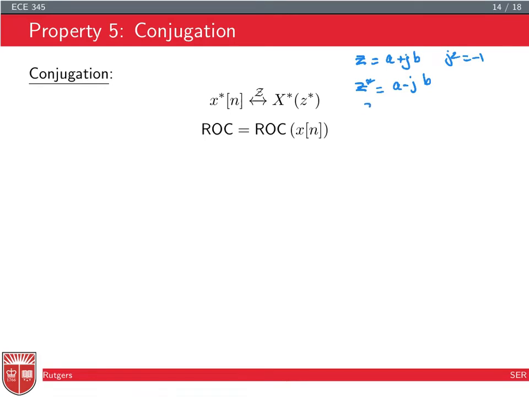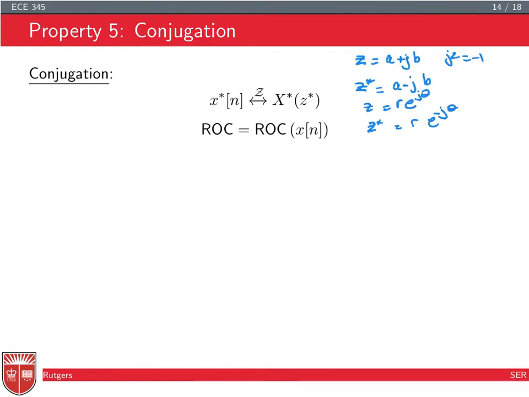Or if z in polar coordinates is re to the j theta, then z star would be equal to re to the minus j theta.